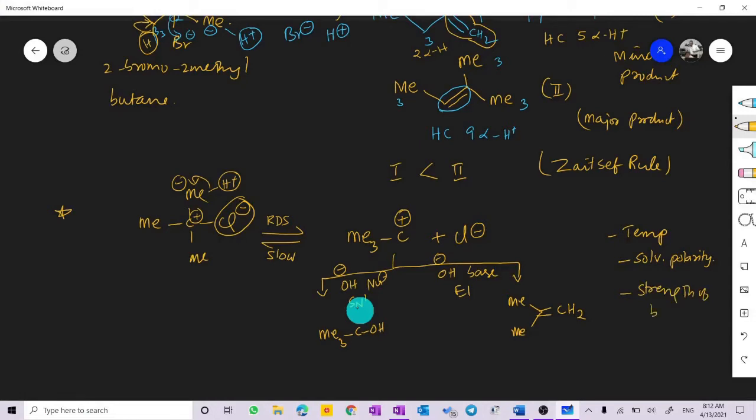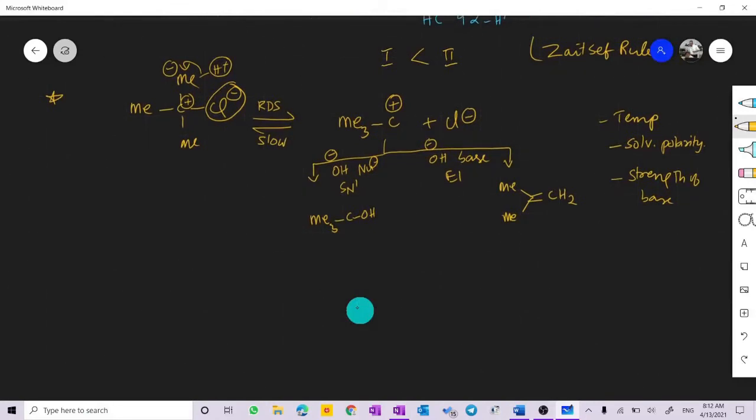Of course, in the SN1 reaction and the E1 mechanism, the strength of the base doesn't really matter because these 2 reactions, E1 and SN1, depend only on the formation and the stabilization of the carbocation. Therefore, once the carbocation is formed and stabilized, it doesn't matter whether the base is strong or weak. It will go and attack the carbocation and abstract the beta proton to form the corresponding alkene.